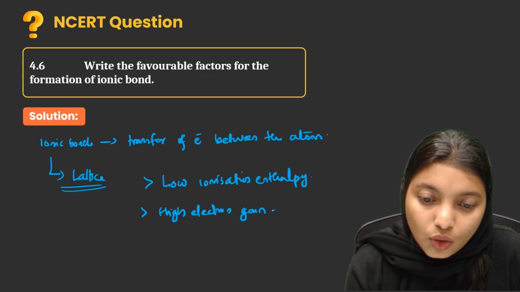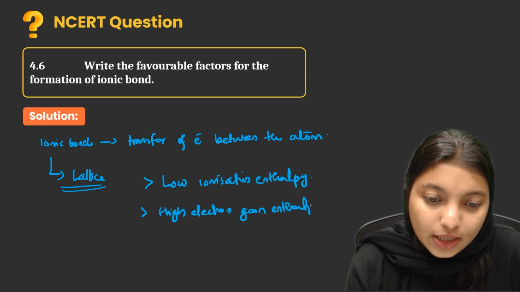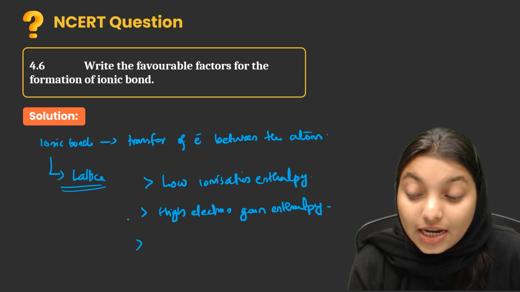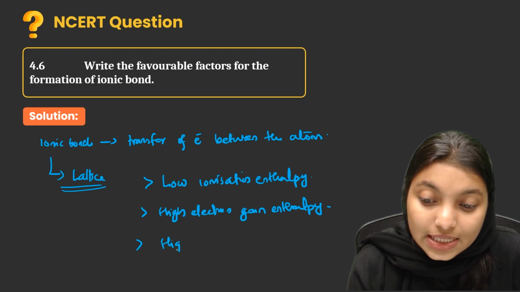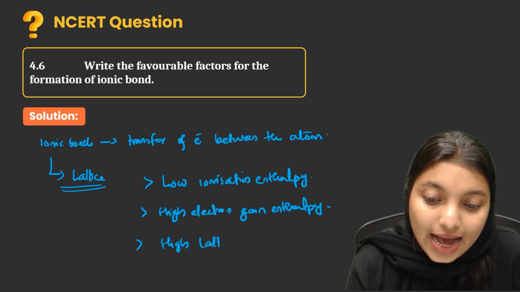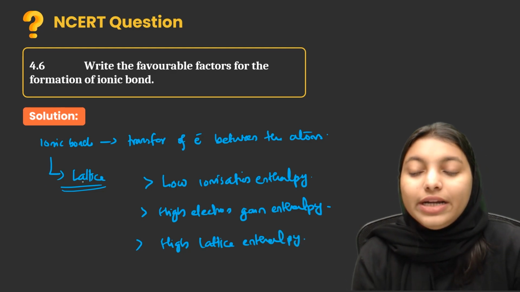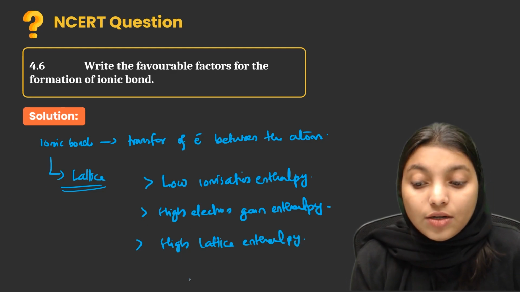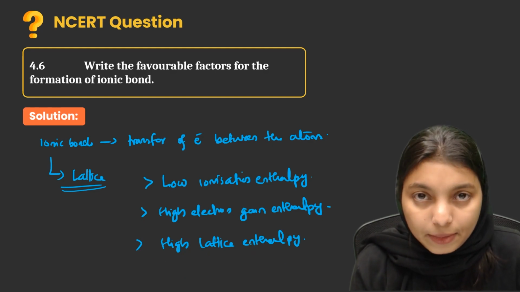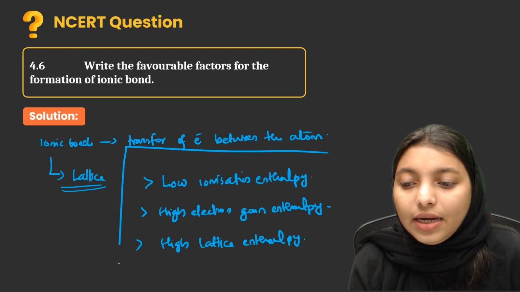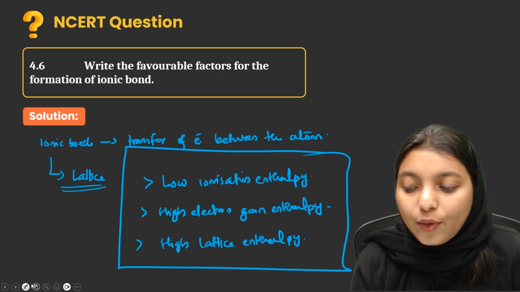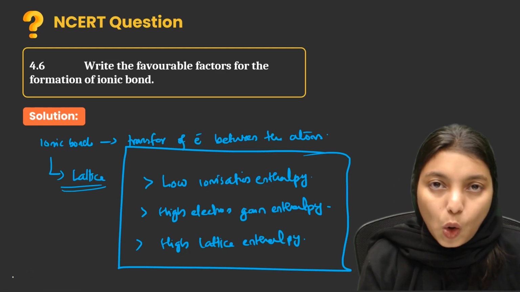And coming to lattice enthalpy, it must be high. During the formation of the lattice, they have to release more energy. That is what high lattice enthalpy is. So these are the three main criteria on which ionic bond formation depends.